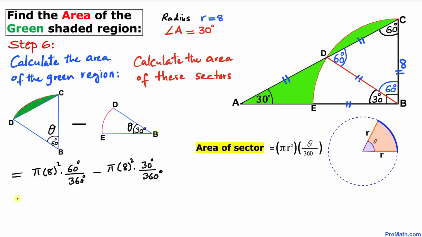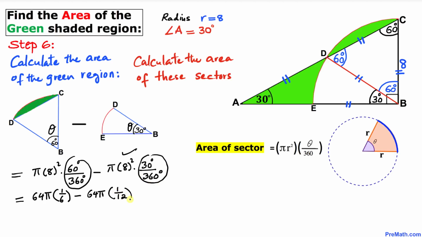Now let's simplify. 8 squared is 64, so this is 64 pi times, which reduces to 1 over 6, minus, in this one, 64 pi times, which reduces to 1 over 12.